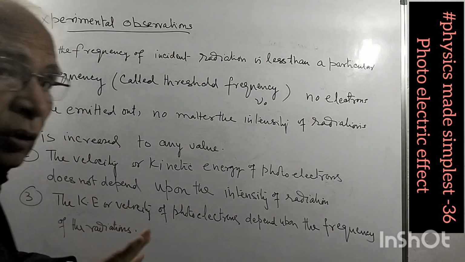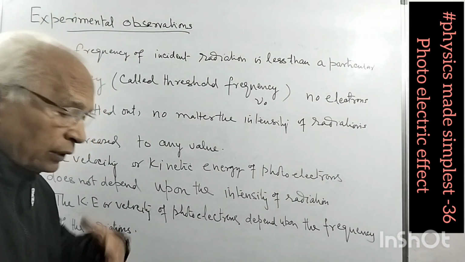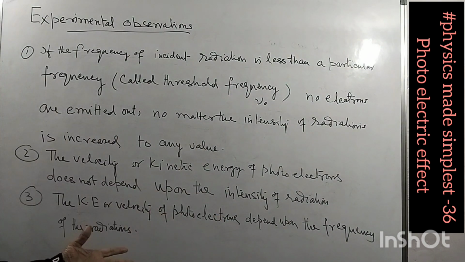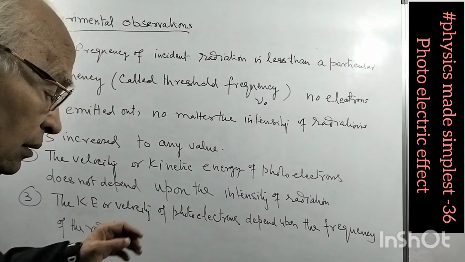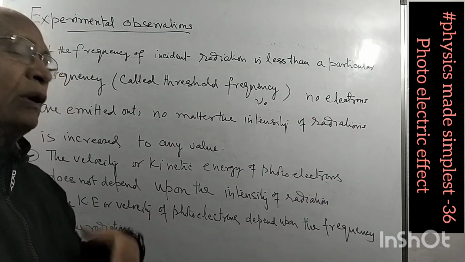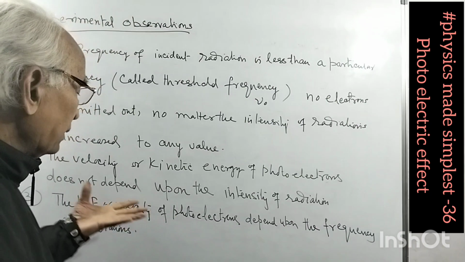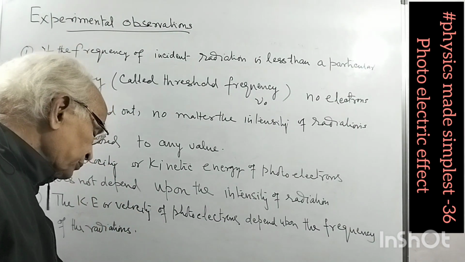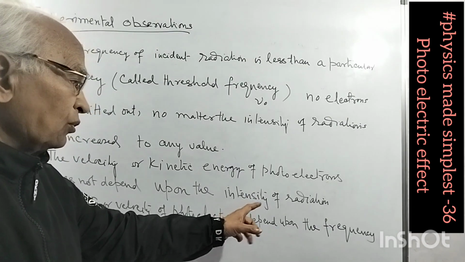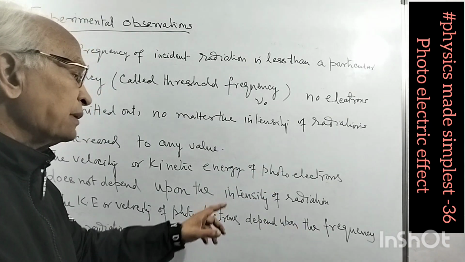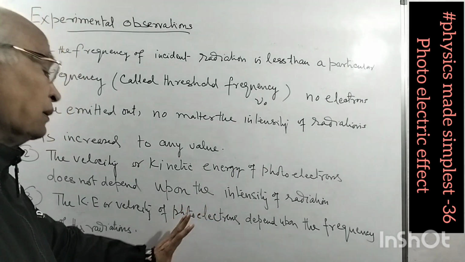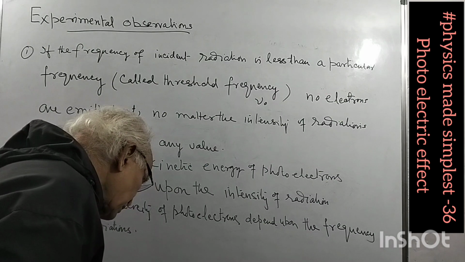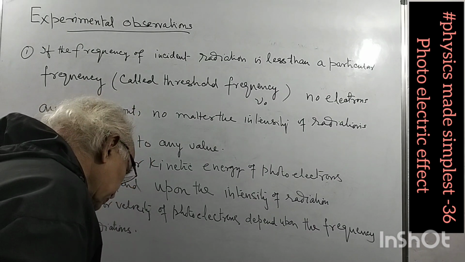So the kinetic energy or the velocity of the photoelectrons which are coming out depends upon the frequency. More frequency means more energy of the photon. The kinetic energy of photoelectron increases as the energy of the radiation increases, that is the frequency increases. Accordingly, the photoelectron's kinetic energy also increases. So this is the experimental result.